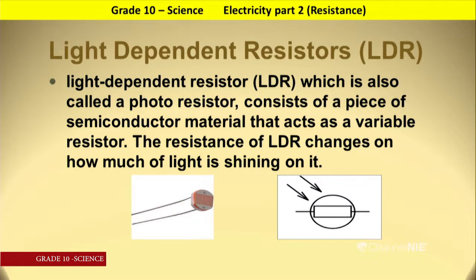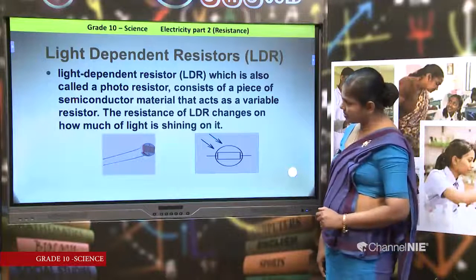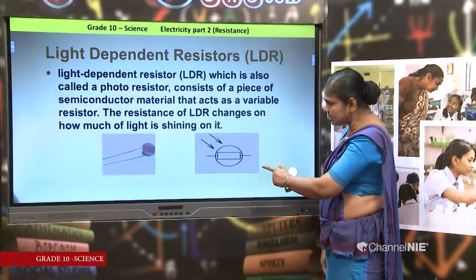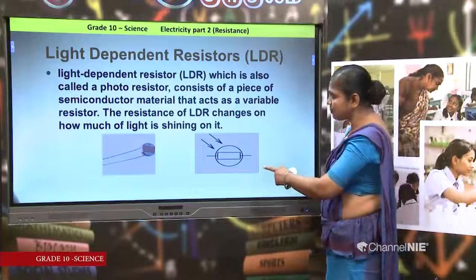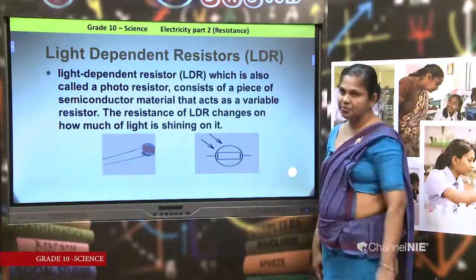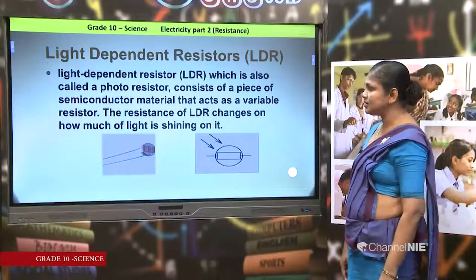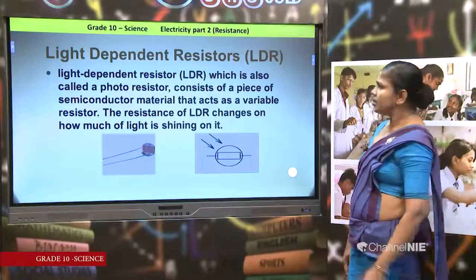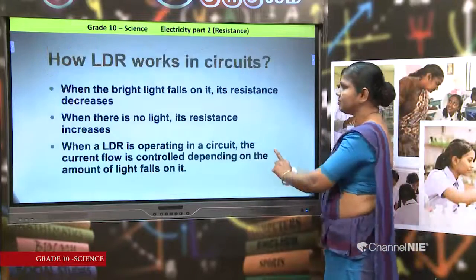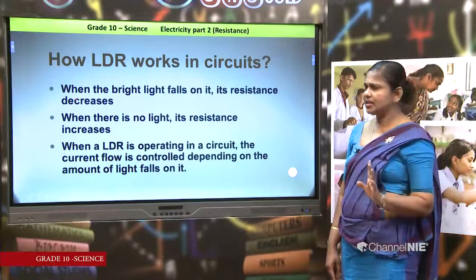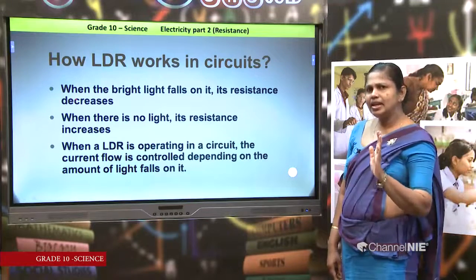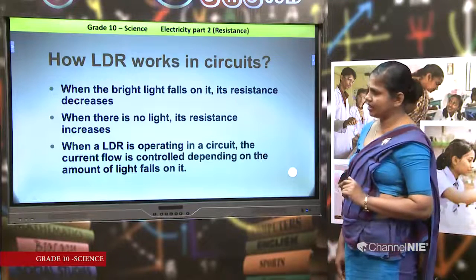See the picture of an LDR given here on the screen, children. This is the circuit symbol to represent an LDR when it is connected in a circuit. Now, look at this, children. What happens when an LDR is connected to a circuit?